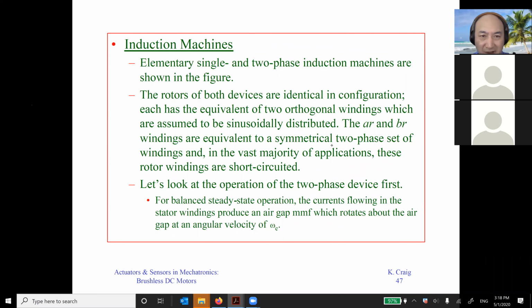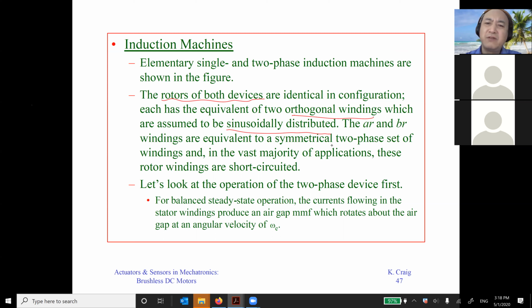For induction machines, we have a figure. Let's go through the rotor of both devices, identical in configuration, either induction or synchronous machines. They are similar. Again, you have the windings sinusoidally distributed, so you have a rotating magnetic field.